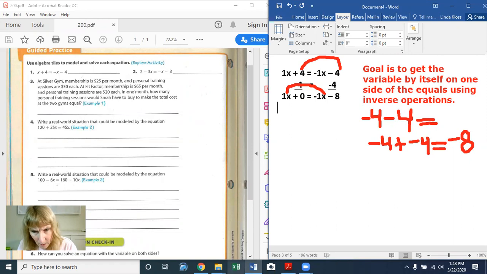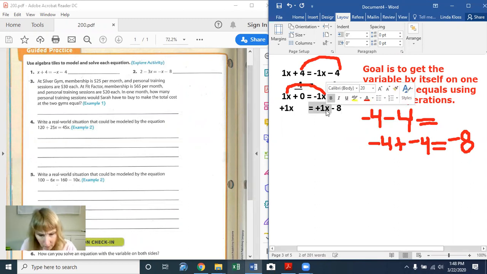This is a minus 1x, so I'm going to add 1x. Do the opposite. So I'm going to come over here and I'm going to add 1x, so plus 1x. And I'm going to drop the 0 because we can drop the 0. And then I have to add my 1x to this side, and I still have my minus 8.